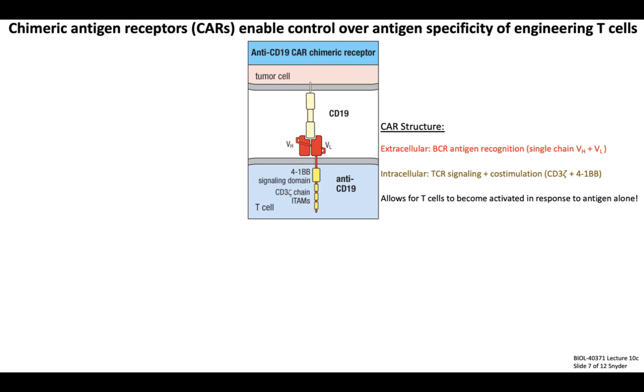The advantage of these chimeric receptors is that engineered T cells expressing the CAR can become activated in response to antigen recognition alone. And importantly, since the antigen recognition domain of these receptors functions more like the variable region of an immunoglobulin molecule, the T cell no longer has to recognize antigen that is presented on an MHC. So the use of these chimeric receptors removes a lot of the restrictions on T cell activation.